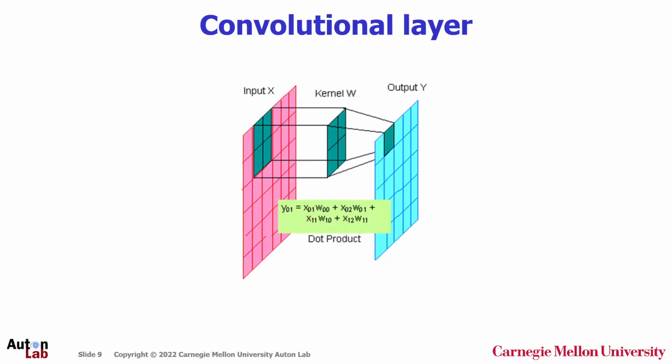The value next to it, that is y01, will be x01 times w00 plus x02 times w01 plus x11 times w10 plus x12 times w11.